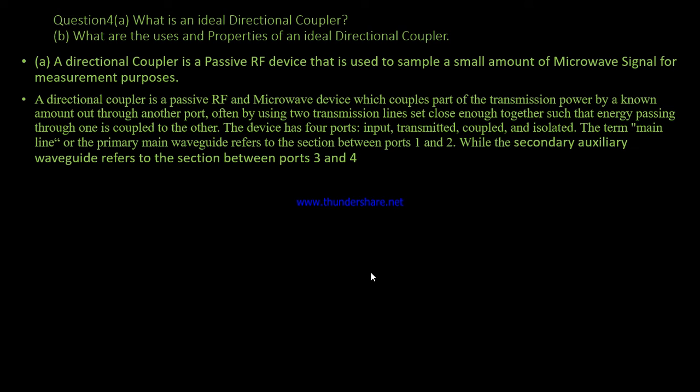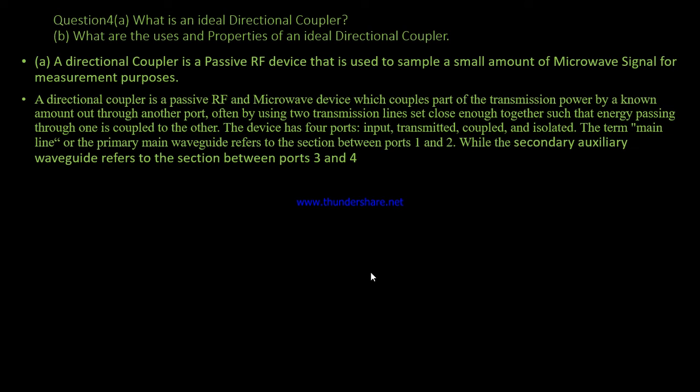At the same time, a directional coupler is a passive RF and microwave device which couples part of the transmission power by a known amount through another port, often by using two transmission lines set close enough together such that enough power passing through one is coupled to the other. The device has 4 ports.